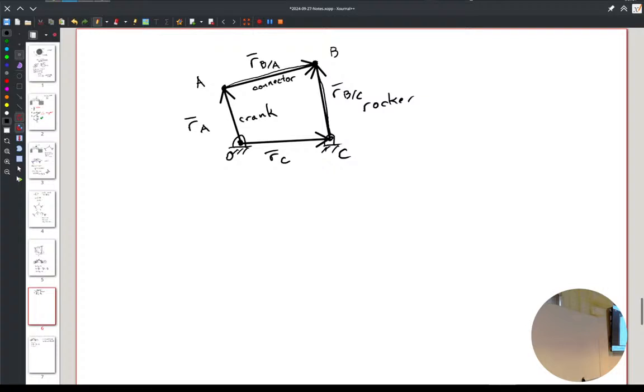Yeah, you drew RB. And then what would that tell you for the constraint on RB? Yeah. And what were the vector conditions?